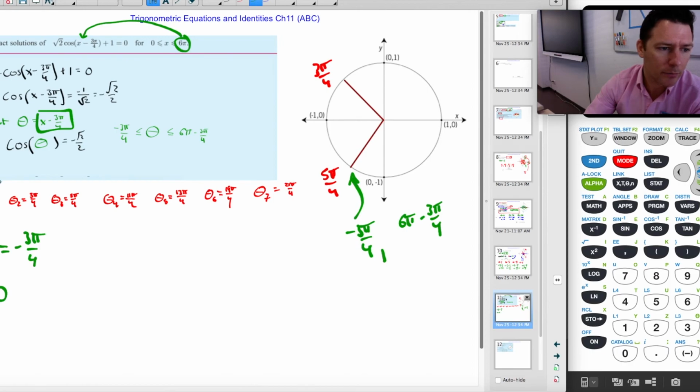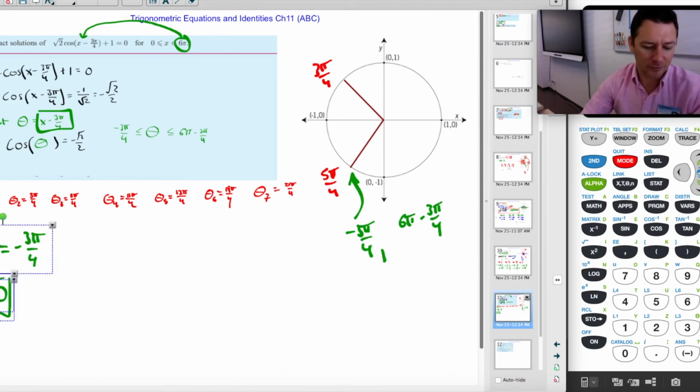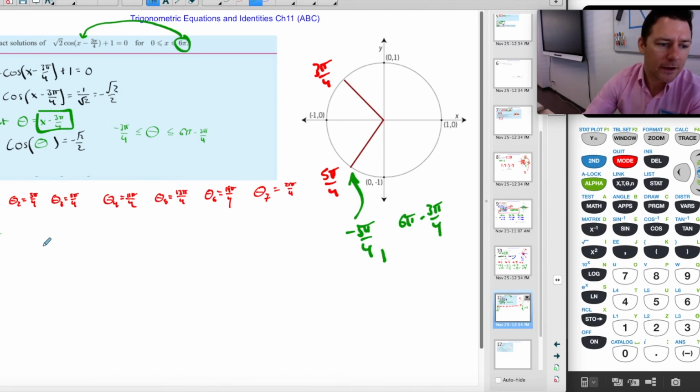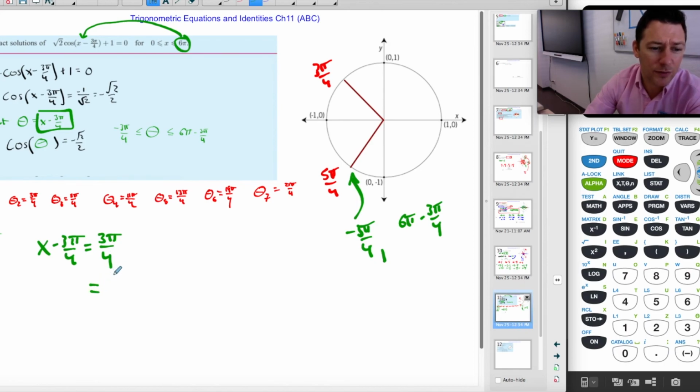We got one. Now do the same thing to the next piece. x minus 3 pi fourths also equals, in theta 2, positive 3 pi fourths. If you add 3 pi fourths to both sides, you get 6 pi fourths, which simplifies to 3 pi halves.